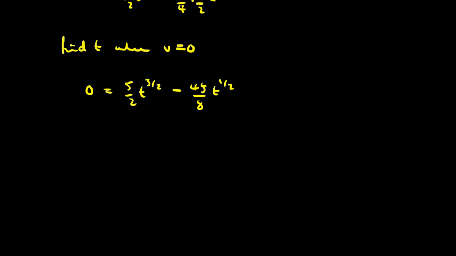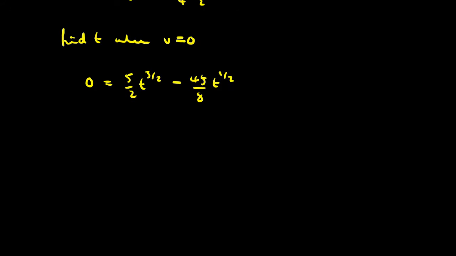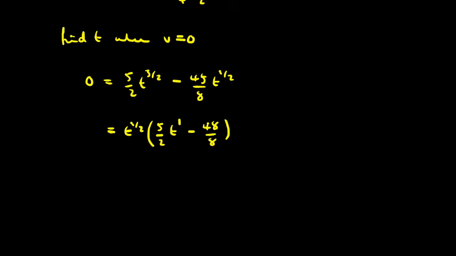I think I can factorize a little bit. I can pull out t^(1/2), and that's going to give me 5/2 t. If you're not sure about that, I do power of 3/2 minus a half, which is power of 1. Minus 45/8, and that's t to the power of 0, which is just 1, because I've already factorized out the t^(1/2).